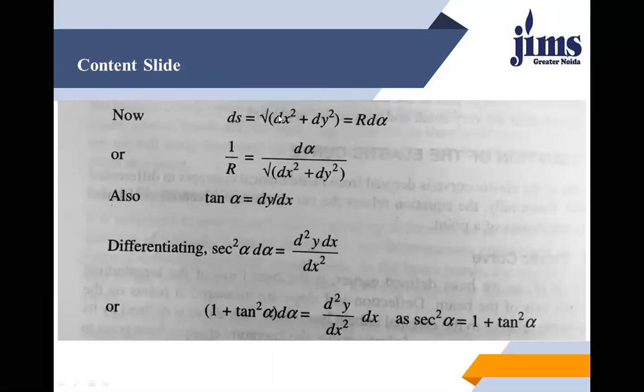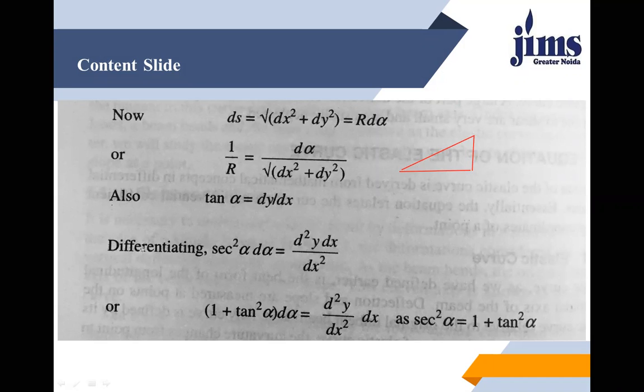ds is equal to the square root of dx square plus dy square, that is r d alpha, and 1 by r is equal to d alpha over ds, where tan alpha is equal to dy by dx, because in this triangle with sides dy and dx and angle alpha, tan alpha becomes dy by dx.